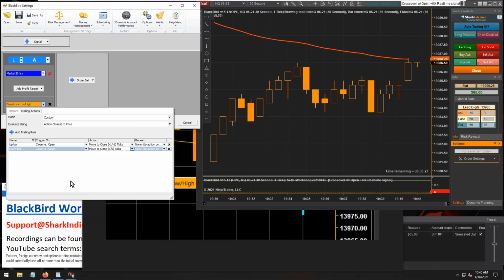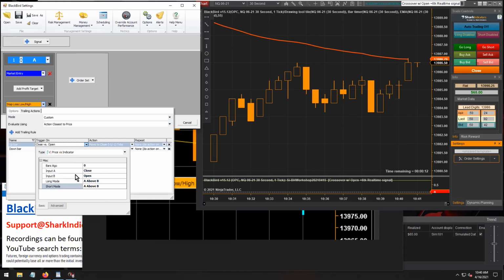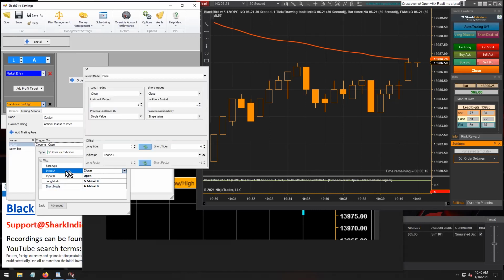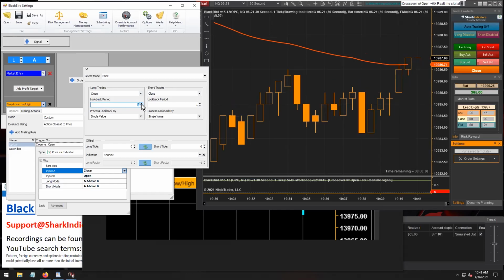So this was set up to run with calculate on bar close. If we go into the triggers here, and look at the close price or the open price, our look back period is set to 1. So this is designed to work with calculate on bar close.